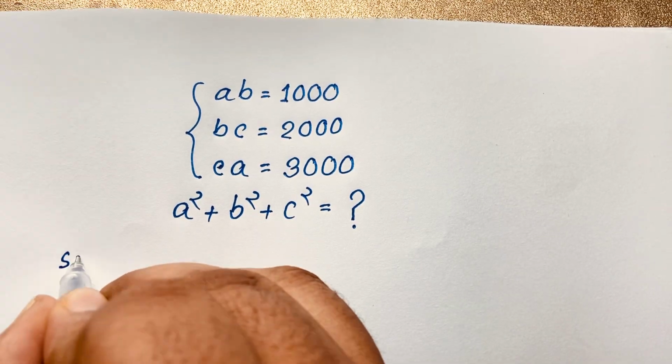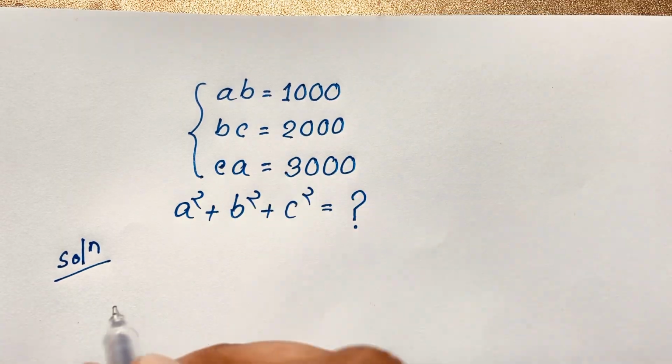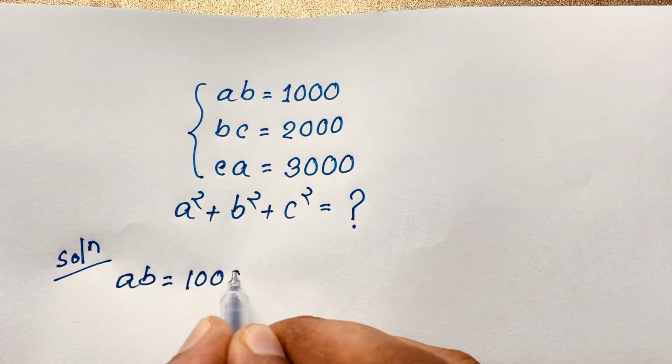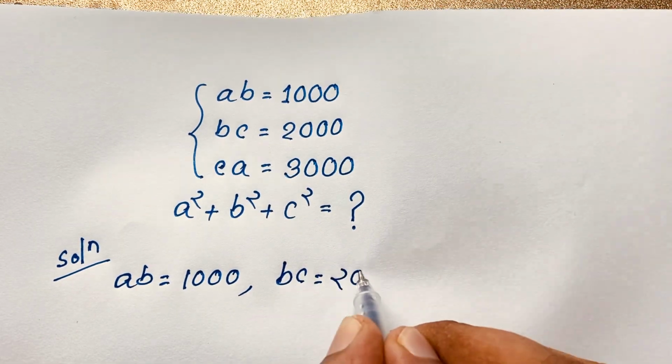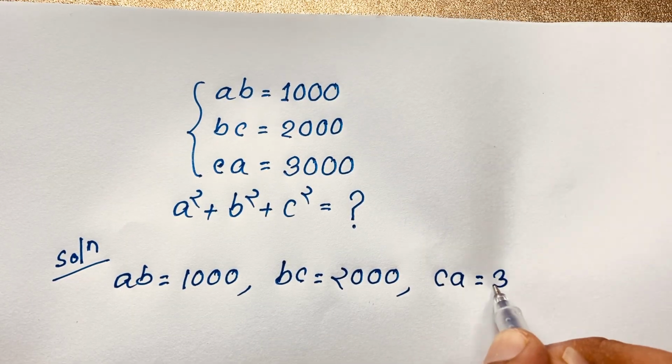So our math solution. Here, AB is equal to 1000, BC is equal to 2000, and CA is equal to 3000.